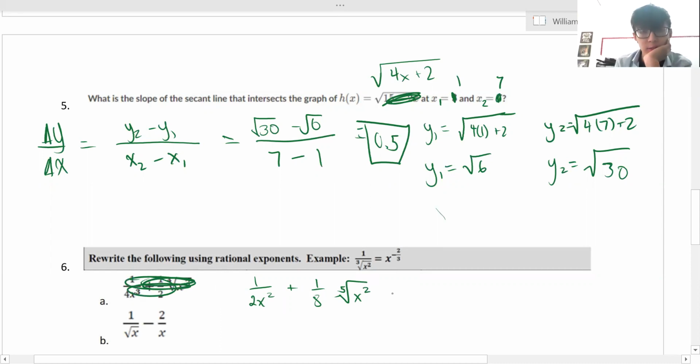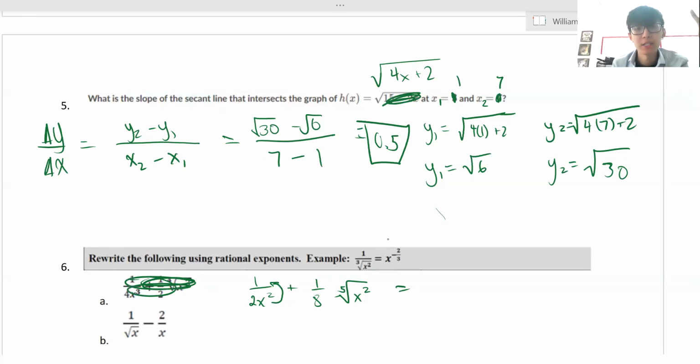The first thing is I'm going to make this x squared flip on top. When I flip a term with an exponent over a fraction sign, it just switches signs. So instead of x squared, I flip it to the numerator and I have x to the negative 2.